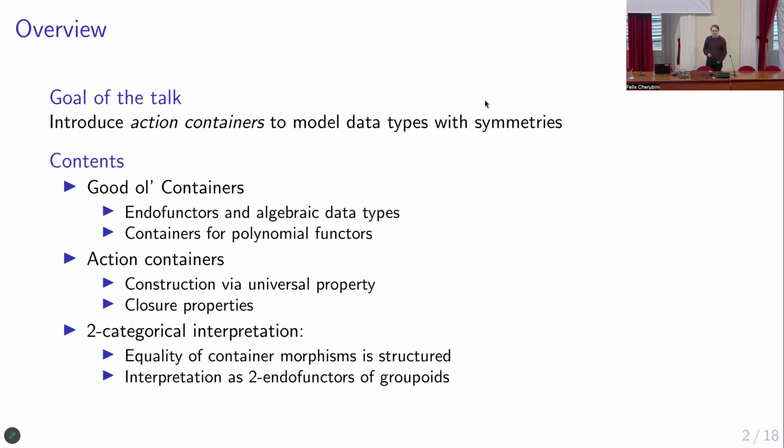But since these are slightly more complicated than the usual containers, these have a two-categorical interpretation for reasons that will hopefully become understandable. So we're also going to do a bunch of two-category theory.